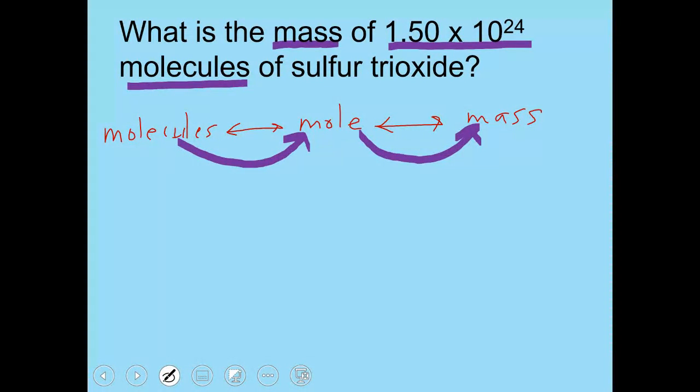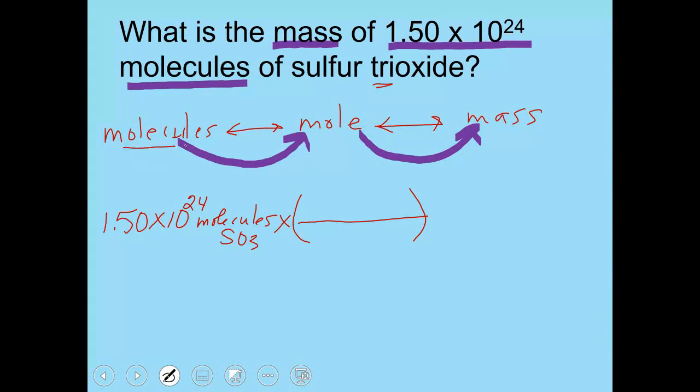So we can get started doing that. We know that we're starting with 1.50 times 10 to the 24th molecules of sulfur trioxide, so SO3. We set up our first factor, and we're converting from molecules to moles.